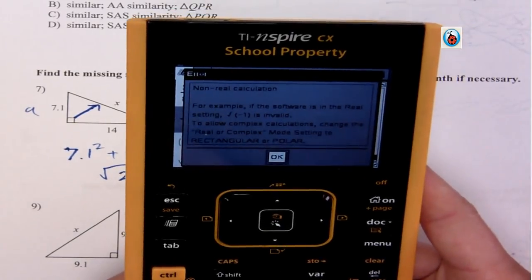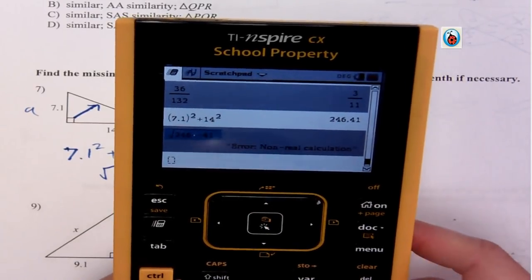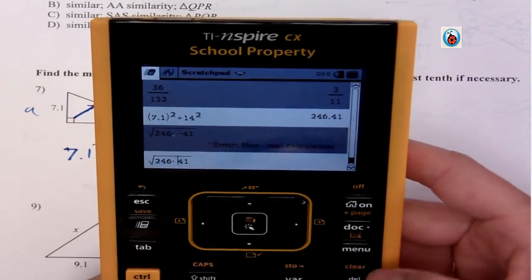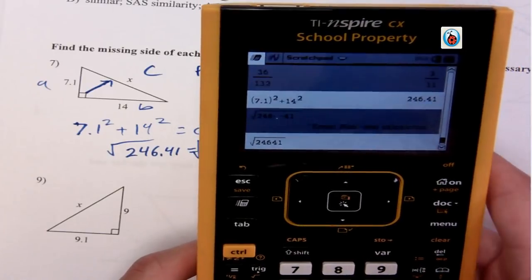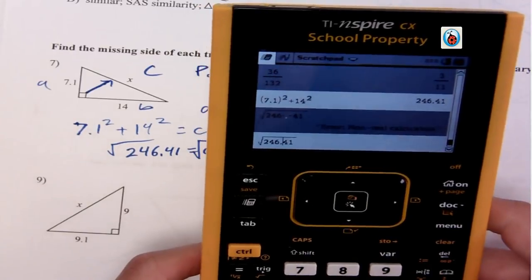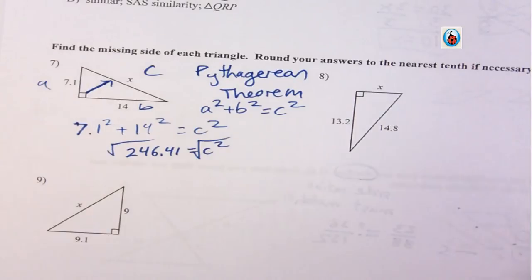And it tells me non-real calculation. So I go see, oh, I typed in a negative sign by mistake. So I copy it and go back. So I go back and fix, instead of the minus sign, I put my decimal in, and it tells me it's 15.6975.